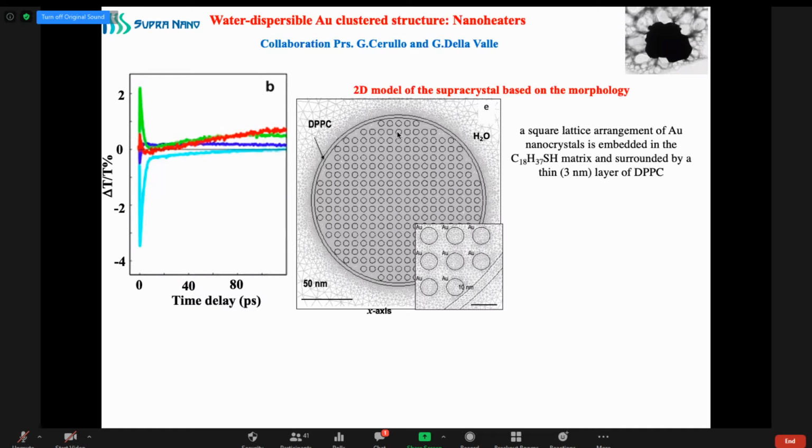That means that if you internalize this system, for the colloidosome you have a huge increase in the size, but you still have the self-assembly. And for the supraball, you keep more or less the size.